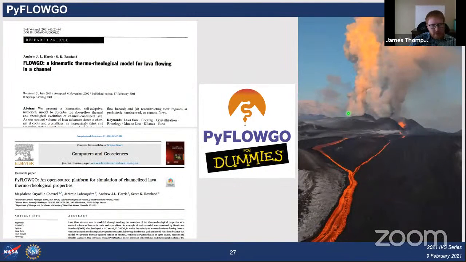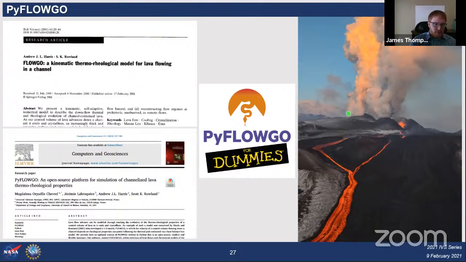And so I had to choose a flow propagation model with which to test and integrate this relationship, to see how it would affect model results. And I chose PyFLOWGO as it's a thermorheological model that is strongly controlled by cooling, and it's very robust when it comes to calculating the thermal and the rheological regimes of the flow during propagation.